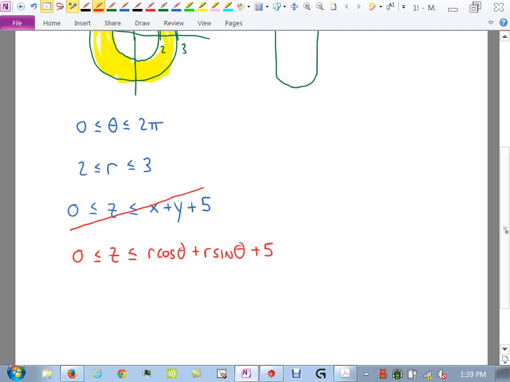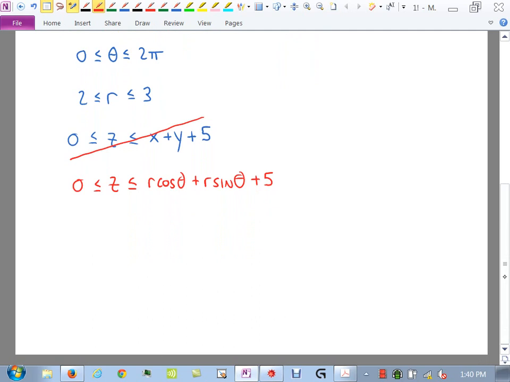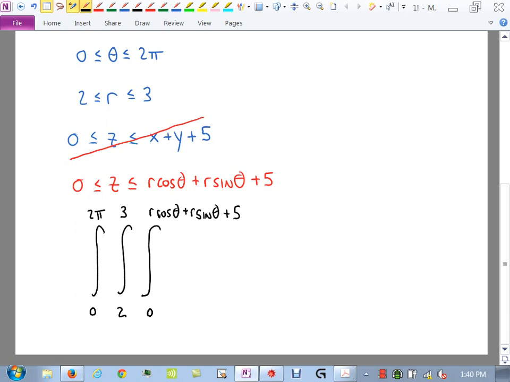And now I'm ready to set up my triple integral. I go first my theta, 0 to 2 pi. My r goes from 2 to 3. My z goes from 0 to r cosine theta plus r sine theta plus 5.